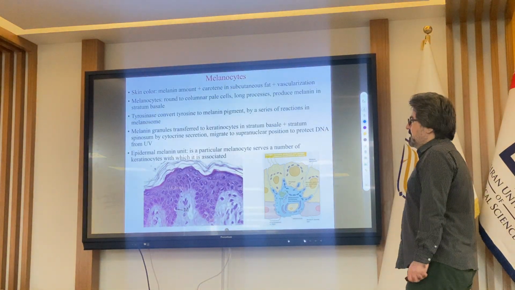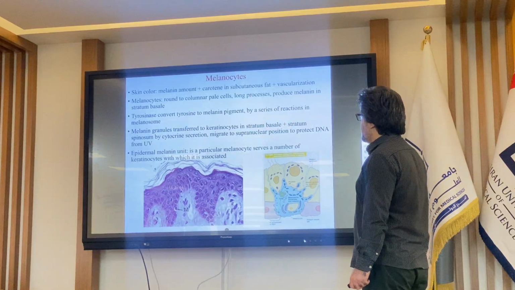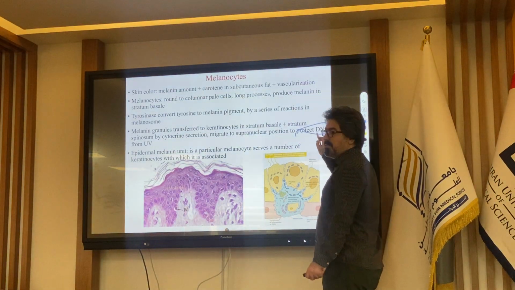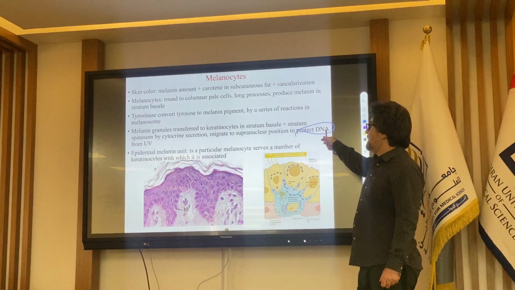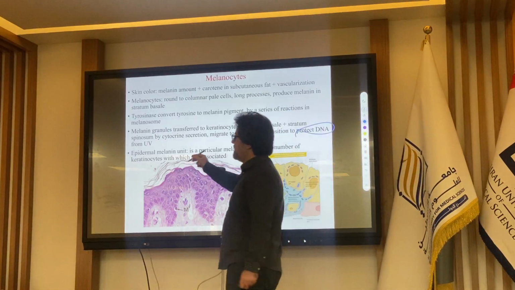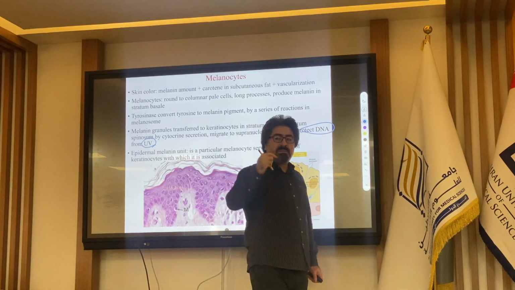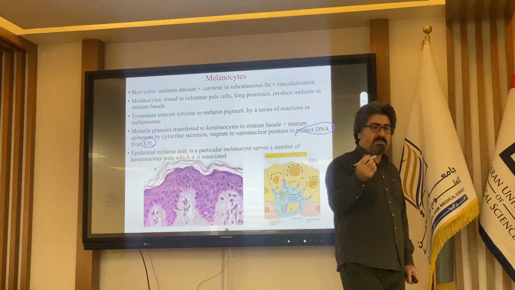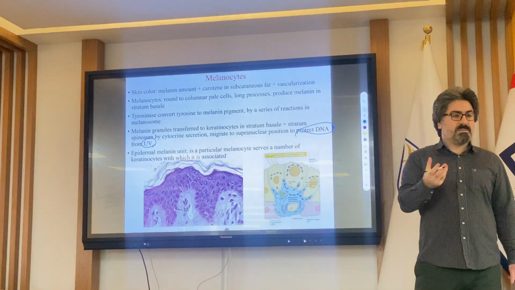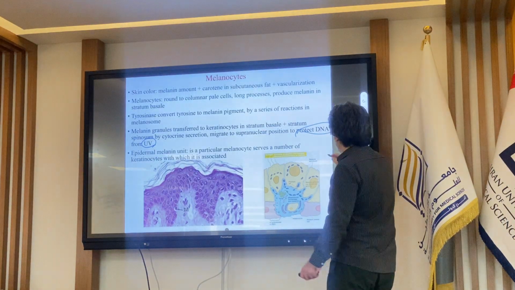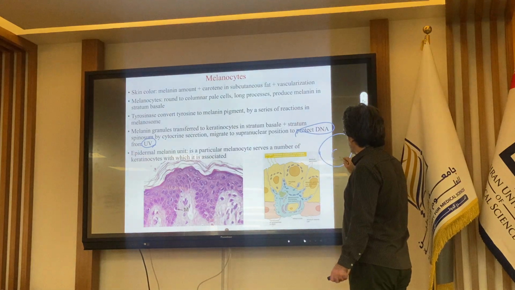And another function for melanin that is so important is that it protects DNA from the UV of sunlight. It is a protector, not just for coloring. Imagine that this is a keratinocyte and this is the nucleus.